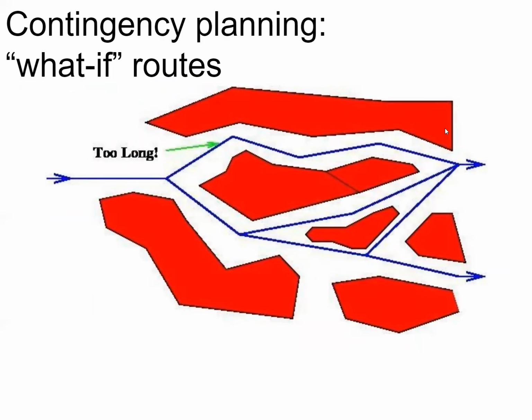Here is another example. Maybe red is the hazardous weather, and you don't want to route a stretch of a path like this between two hazardous weather systems that goes in between for too long. So there should always be escape routes.